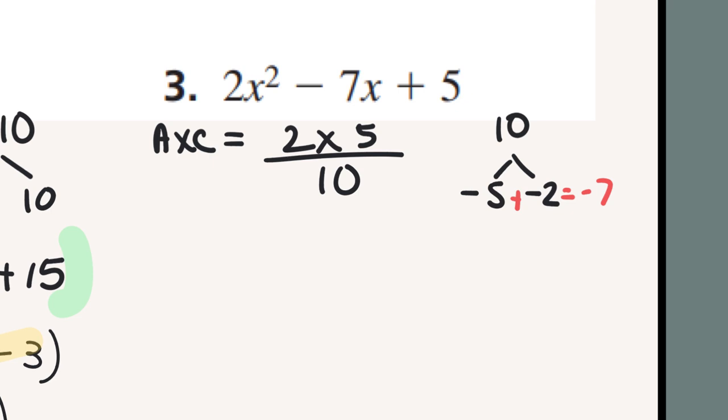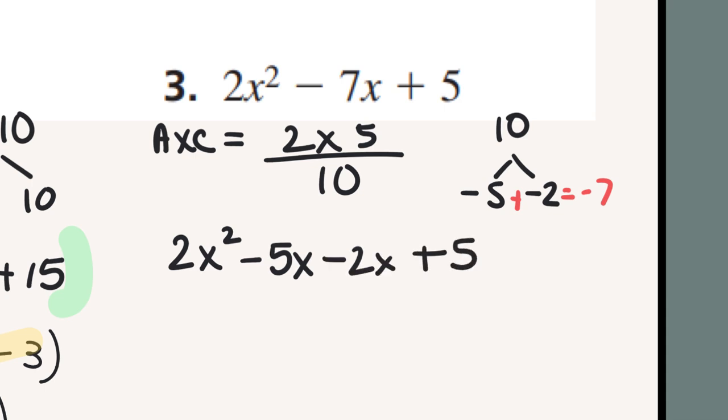Going to rewrite my equation as 2x squared minus 5x minus 2x plus 5. Separate again: 2x squared minus 5x and minus 2x plus 5. There's nothing I can factor here in this one, so it's just an x factor.